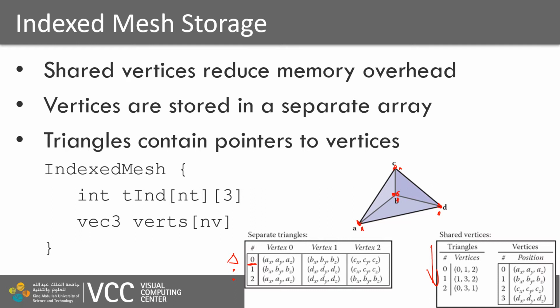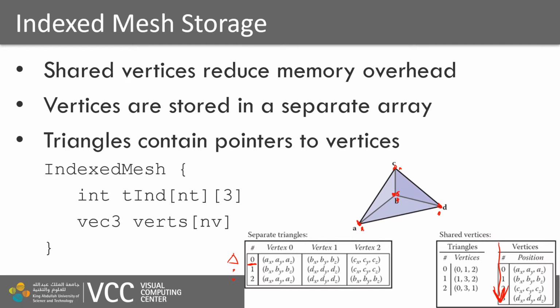Then we have a second one. This is the array of vertices, and here we store the positions at least, but also the other information as I mentioned.